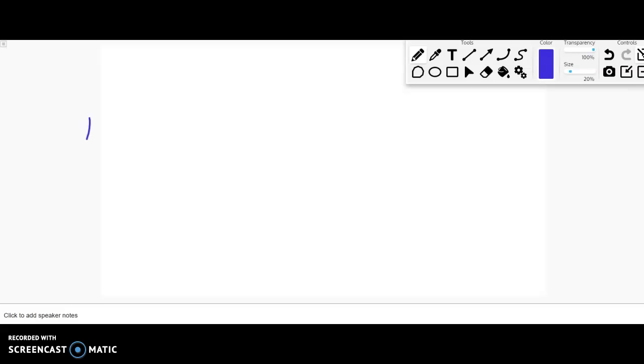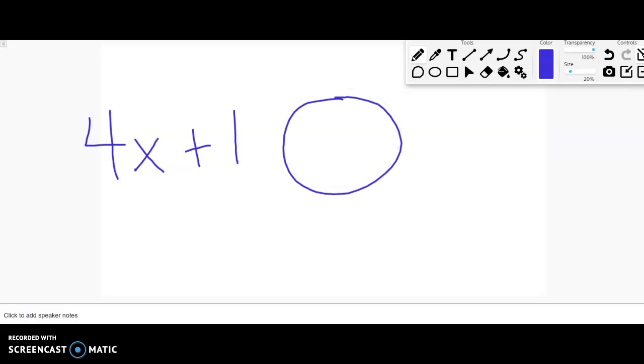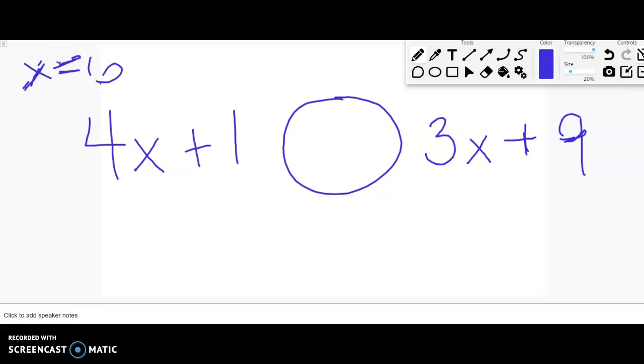Say I had 4x plus 1 on that side, and I had 3x plus 9 on this side. Now, without knowing what x is, I wouldn't know which one was greater, and it could depend on what x equals. So say x equals 6.